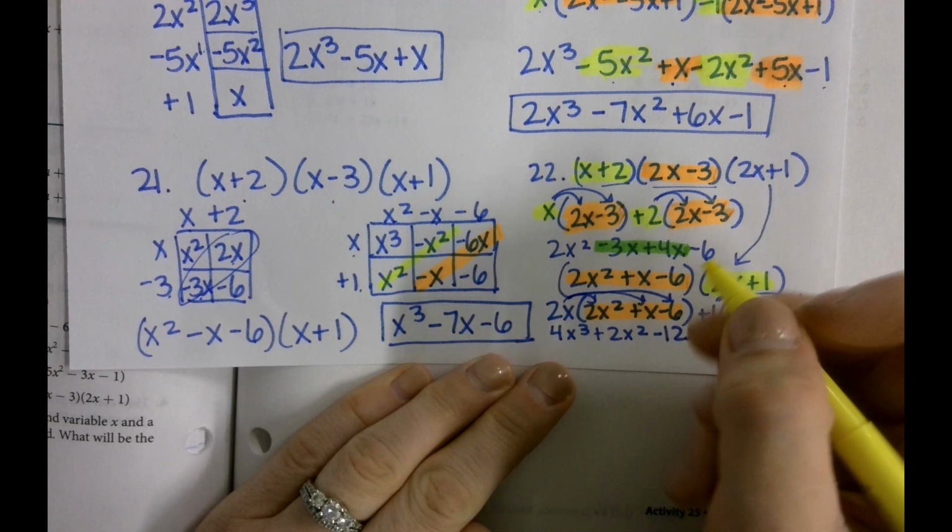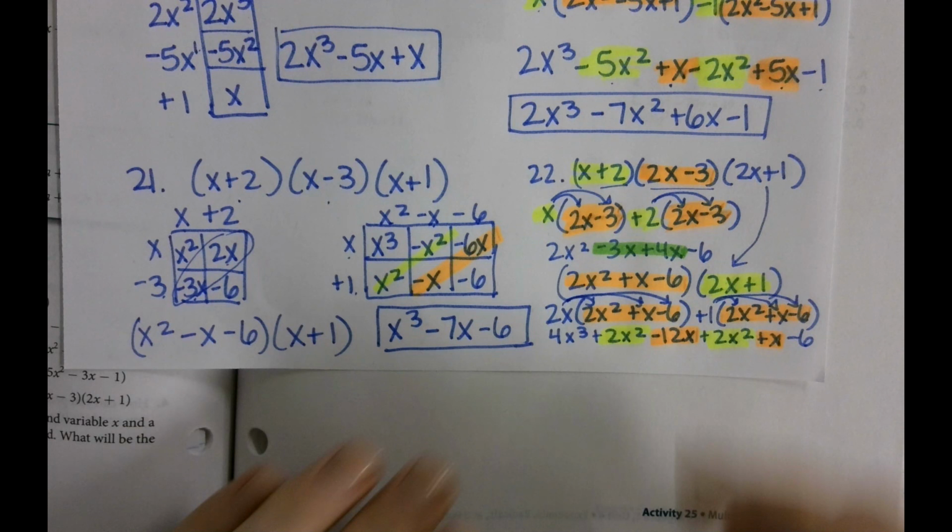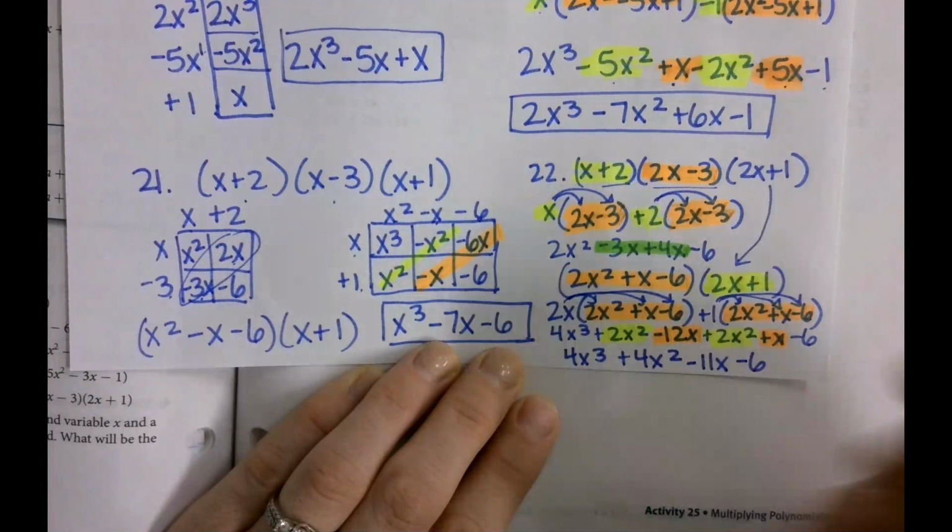Combine your like terms. Bring down the x cubed. Negative x squared plus x squared cancels out. Negative 6x minus x is negative 7x. Then minus 6. And that is the answer.